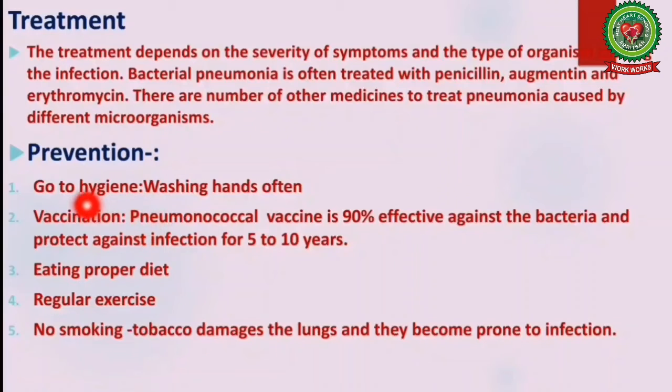Prevention. Good hygiene means washing hands often. Vaccination. Pneumococcal vaccine is 90% effective against the bacteria and protects against infection for 5 to 10 years.